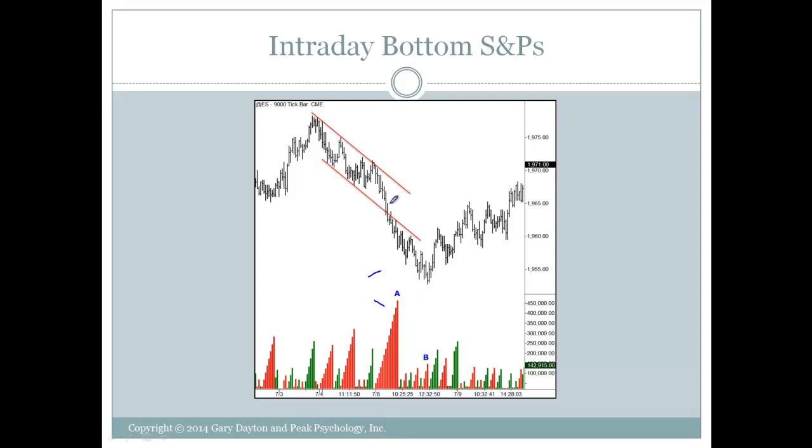If we look at the thrust coming down, we have a thrust here, we have a thrust here, and then we have a little thrust here, and an almost tiny thrust here, right? So we have that shortening of the thrust, and the volume just diminishes right down.